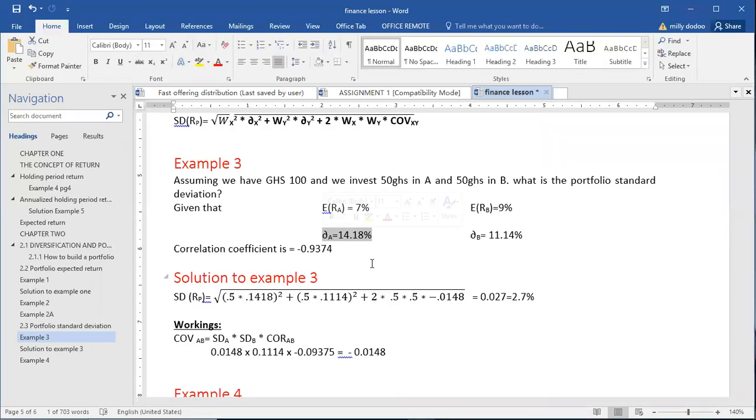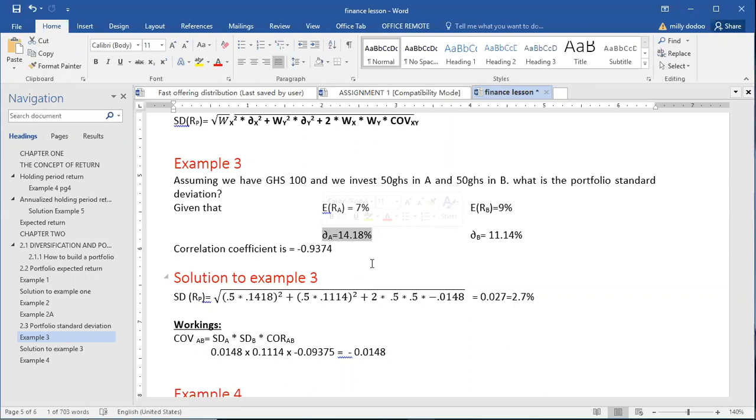The chances that you won't get it back is 14%, and the chances that you get it back is 86%. So is it not a good investment? It's a good investment. Let's go in. So the chance of getting 7% is 87%.